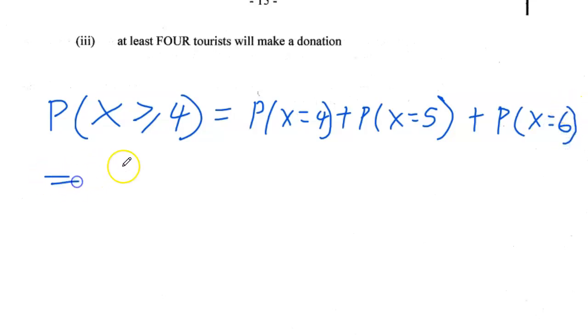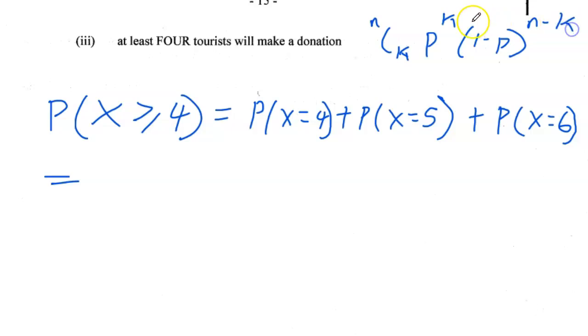Now let's put the formula here again: n choose k, p to the k, times (1 minus p) to the n minus k. I remember n was 6 and p was 0.4.